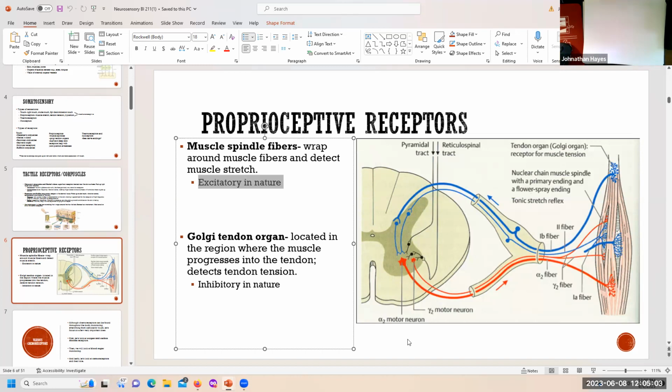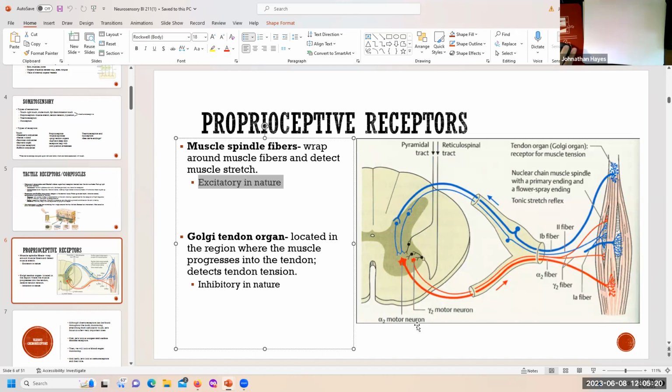So muscle spindle fibers, again, pick up muscle stretch. They're excitatory in nature. So if we stretch it real quick, it'll naturally want to contract, right? And it's kind of a protective mechanism. But at the same time, we don't want to contract so much that we cause damage, right?